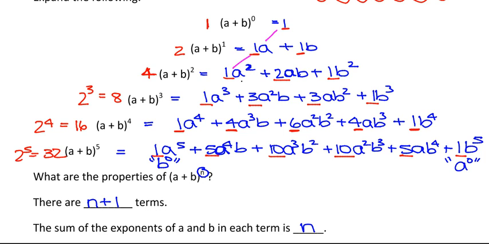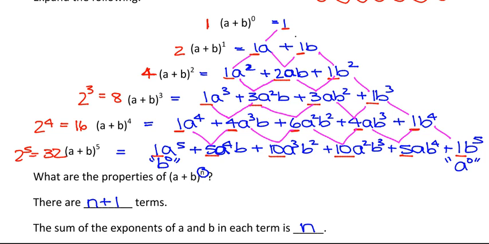So 3 is 1 plus 2, 6 is 3 and 3, 4 is 1 and 3, etc. So see if you can use the pattern with the coefficients plus what we just looked at with exponents to come up with the remaining expansions at the bottom.